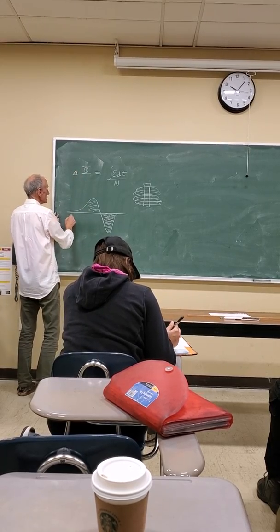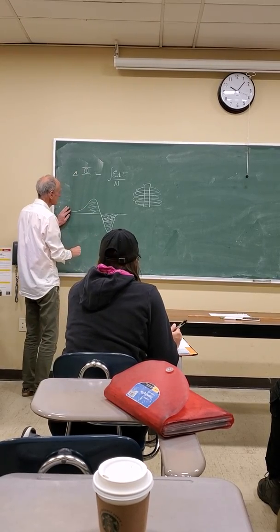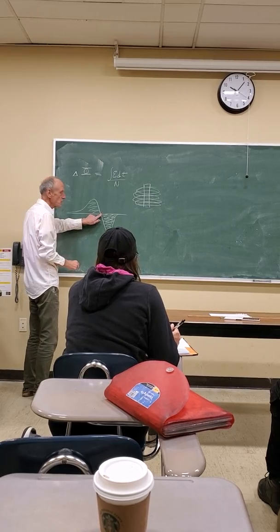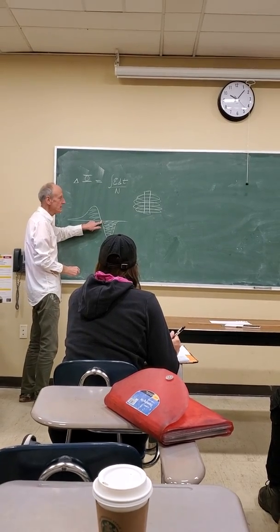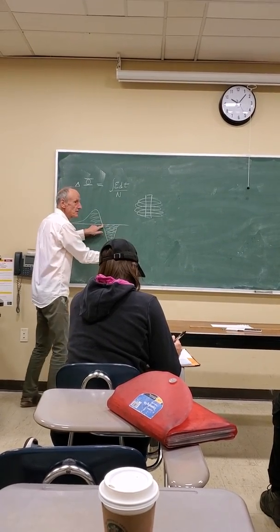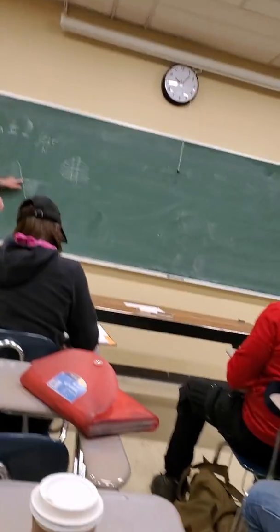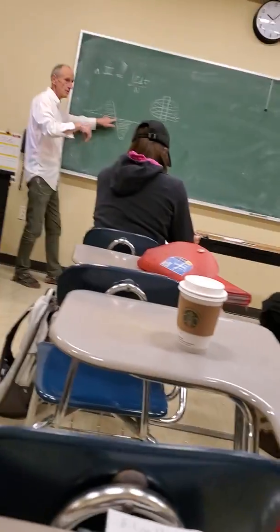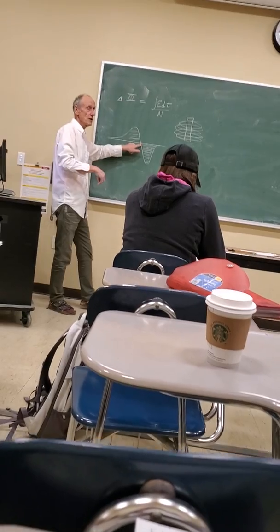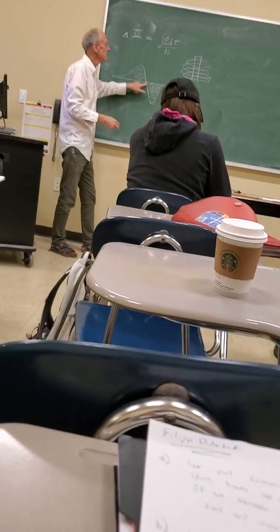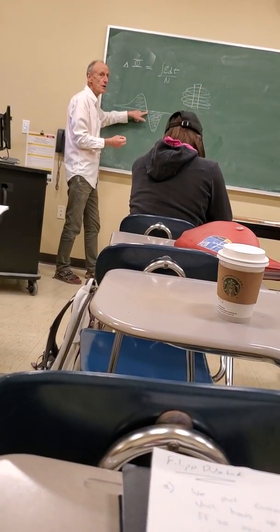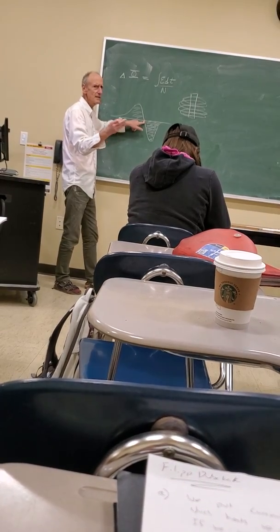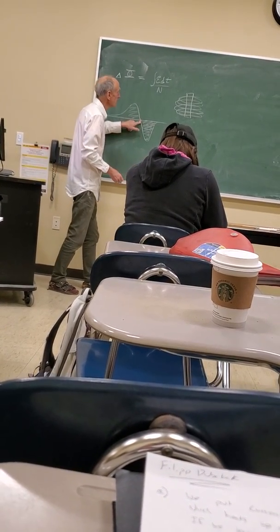And so you start with zero flux, you reach a maximum flux, and then that goes back to zero. So the change in flux on one side has to be equal to the change in flux on the other side, unless you don't start at zero. But even with the magnet in the thing, some of you were finding they were equal.